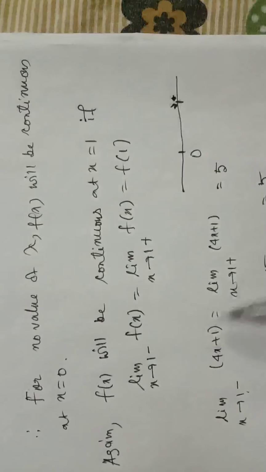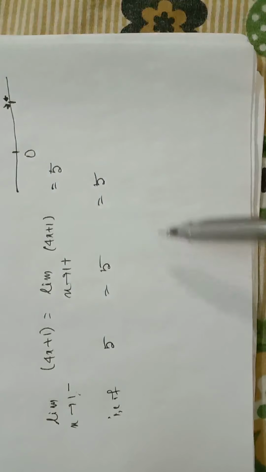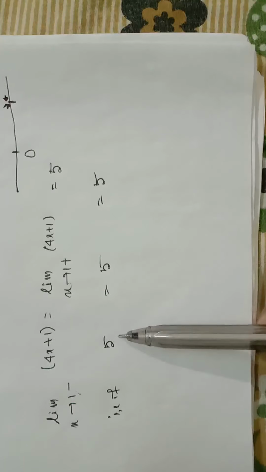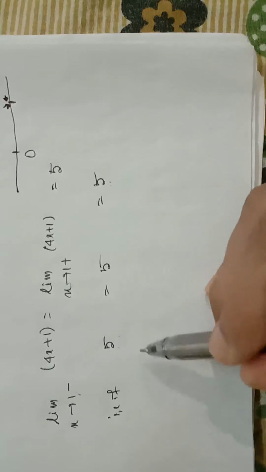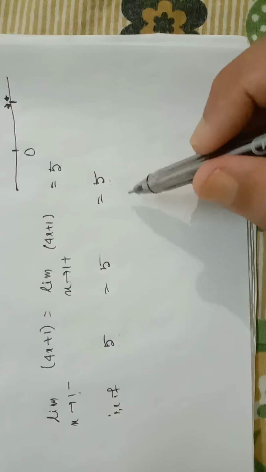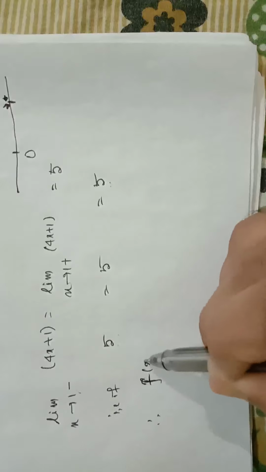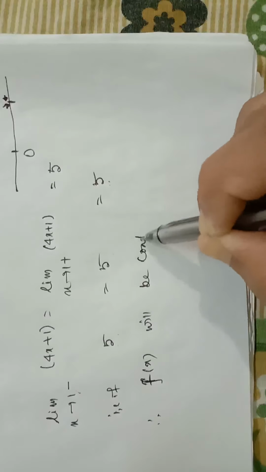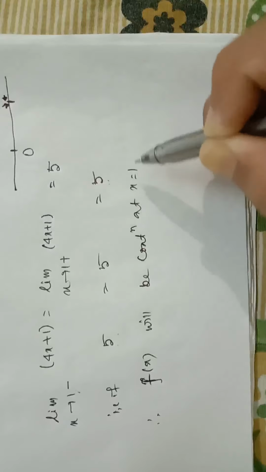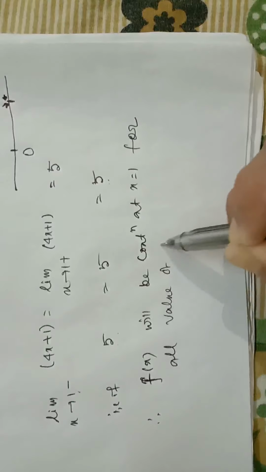So f(x) will be continuous at x equal to 1 if the left hand limit, right hand limit and functional value are equal. And what we get is that left hand limit, right hand limit and functional value are all equal to 5. That means f(x) is continuous at x equal to 1 for all values of lambda.